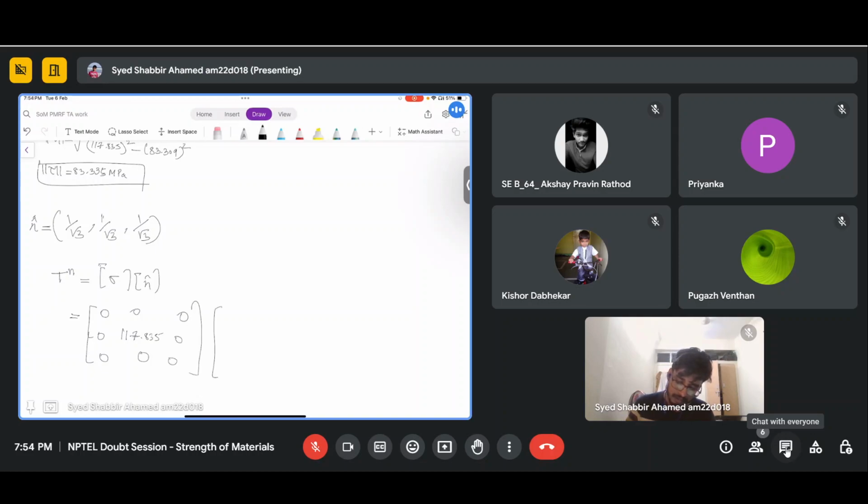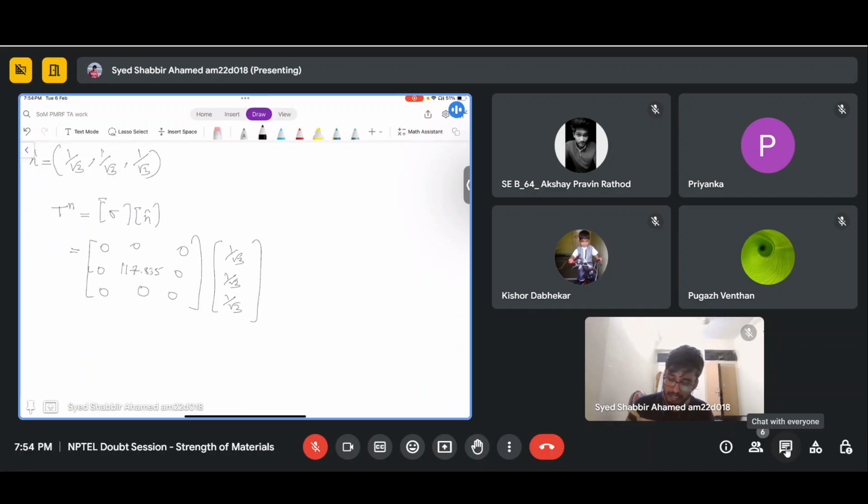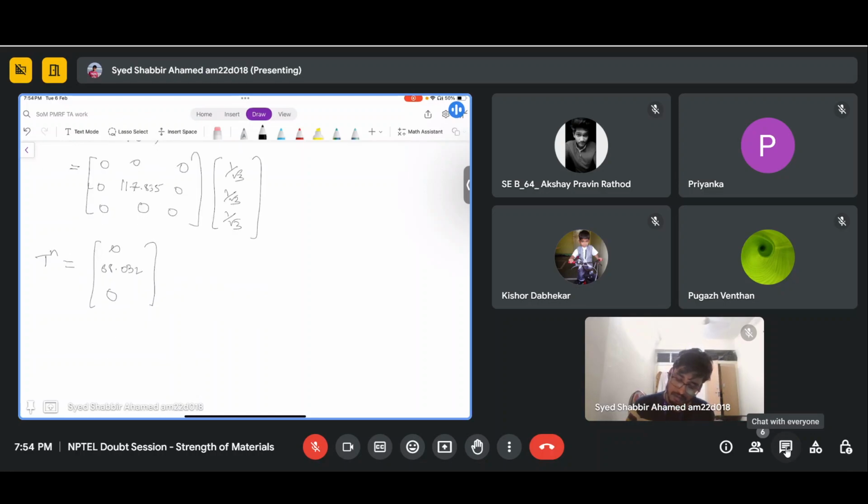Here you have to take a 3 by 3 matrix, with 1 by root 3, 1 by root 3. If you do it again, you will get this and 0 and 117.835 into 1 by root 3, 68.03.